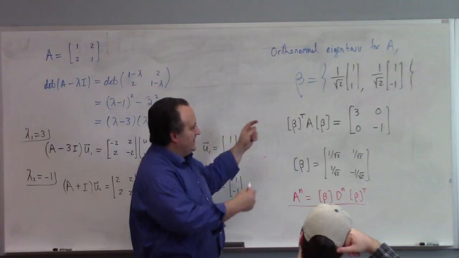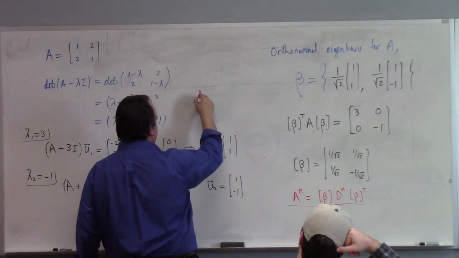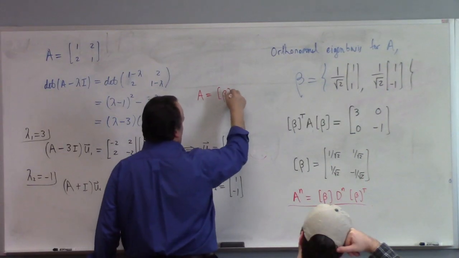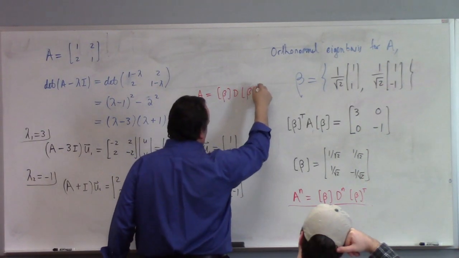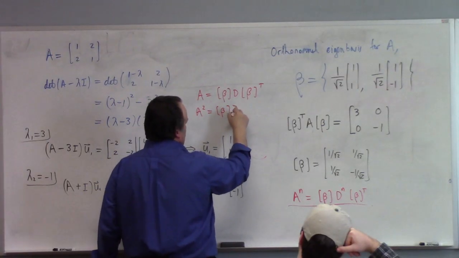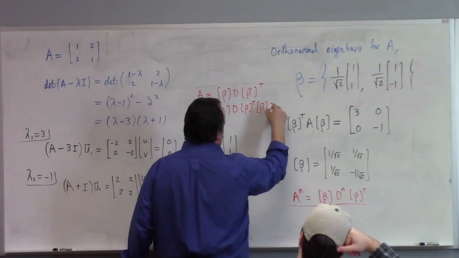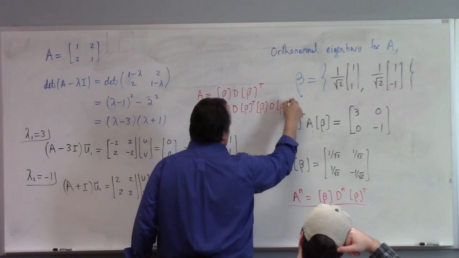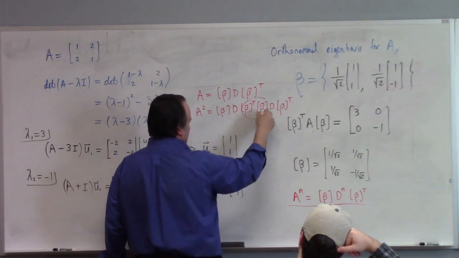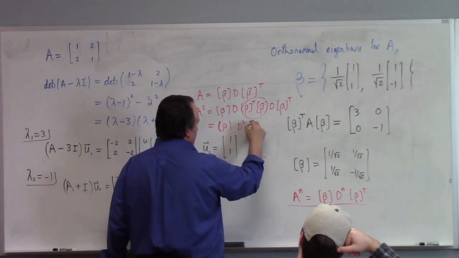We have the formula A is equal to beta D beta transpose. And so A squared is beta D beta transpose beta D beta transpose. Man, this is awful notation. So these guys cancel and you get D squared in the middle.